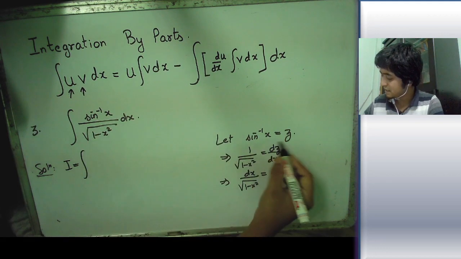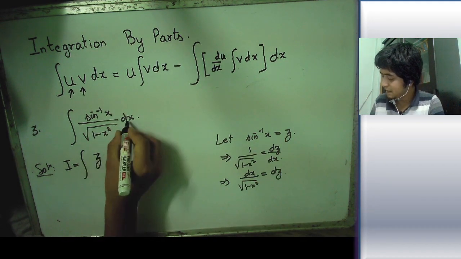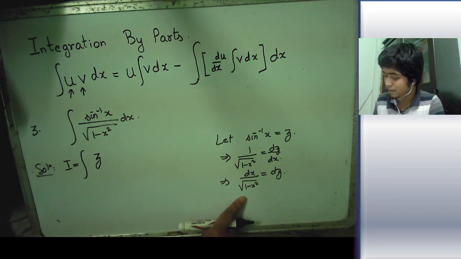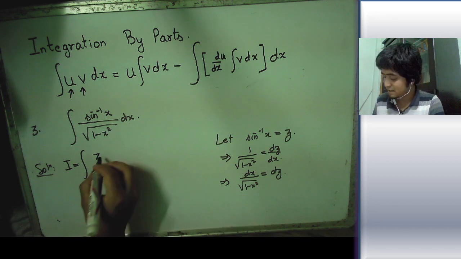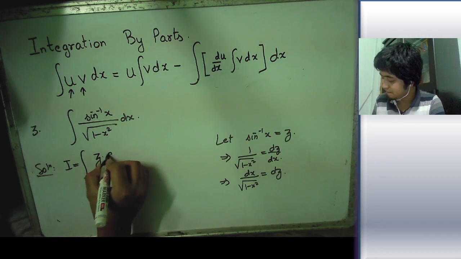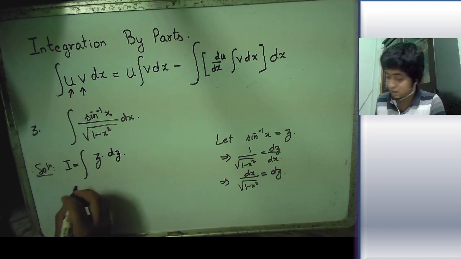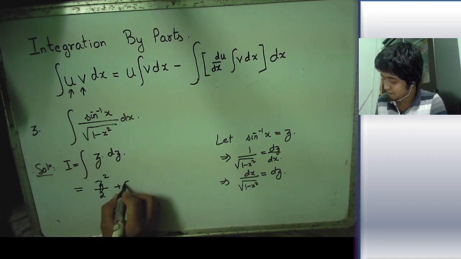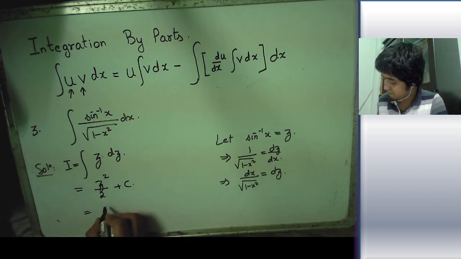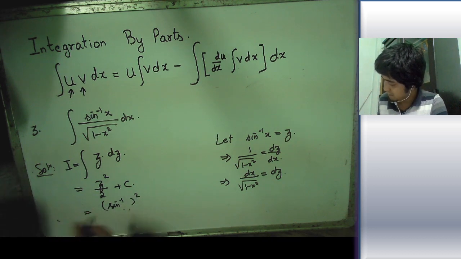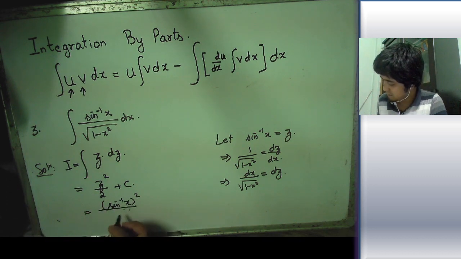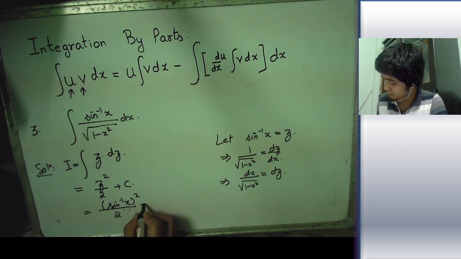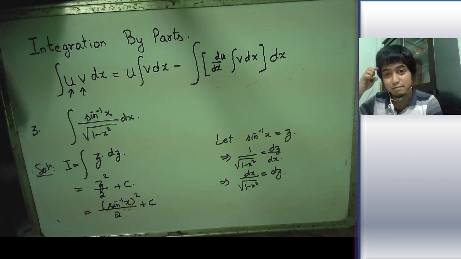Sine inverse x has become z. Dx by root over 1 minus x squared has now become dz. So you will only be getting z squared by 2 plus c, which is sine inverse x, whole thing squared by 2 plus c. So we can easily do it like this.